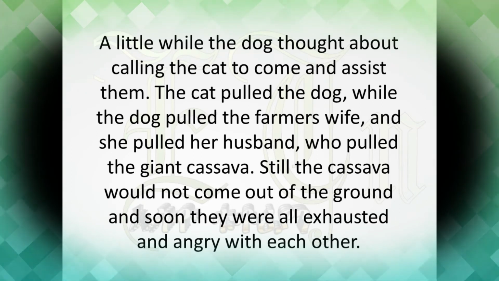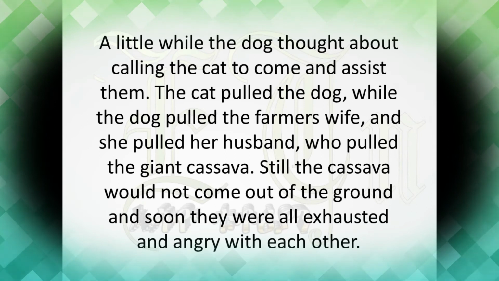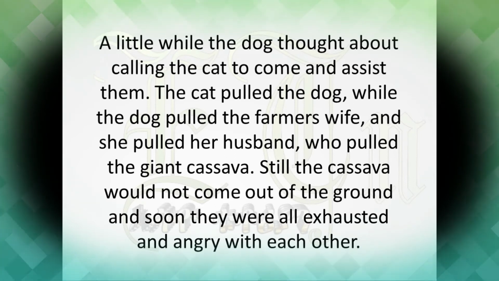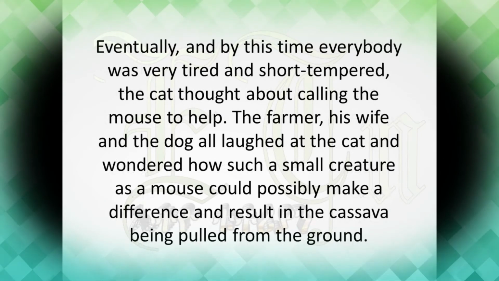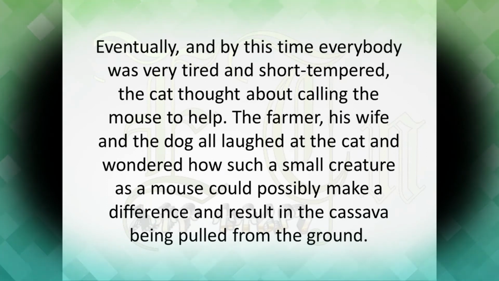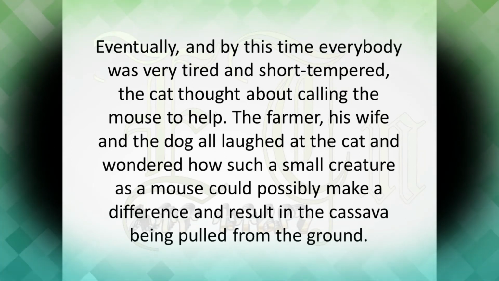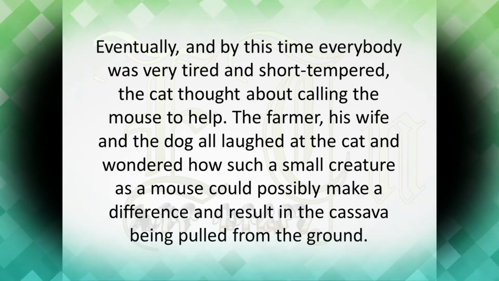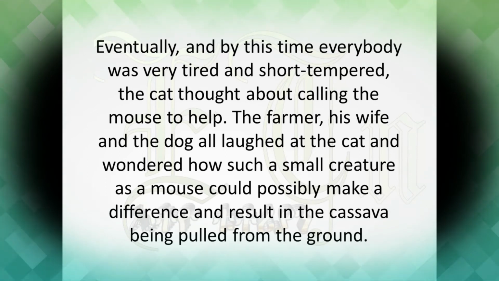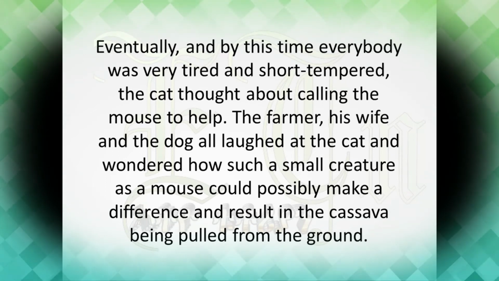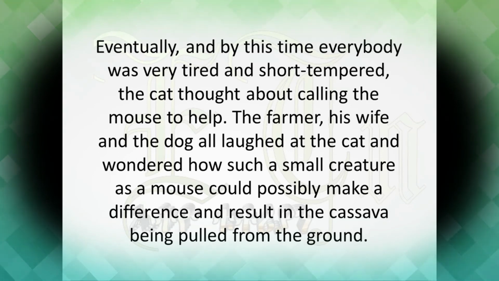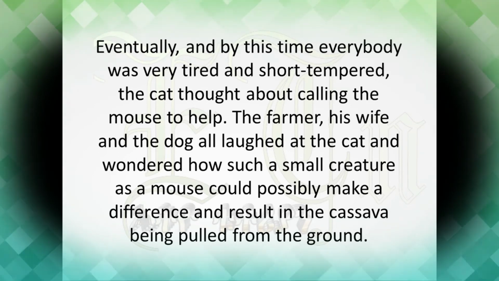Still the cassava would not come out of the ground, and soon they were all exhausted and angry with each other. Eventually, and by this time everybody was very tired and short-tempered, the cat thought about calling the mouse to help. The farmer, his wife and the dog all laughed at the cat and wondered how such a small creature as a mouse could possibly make a difference and result in the cassava being pulled from the ground.